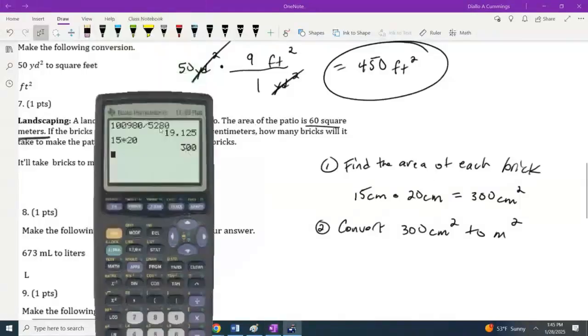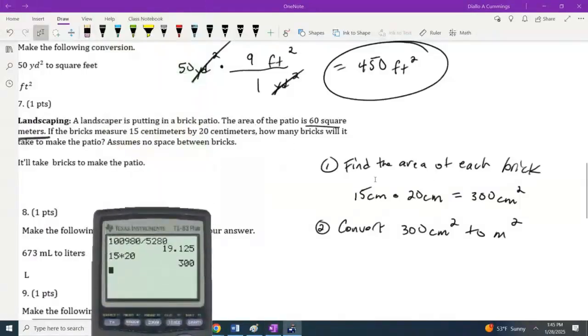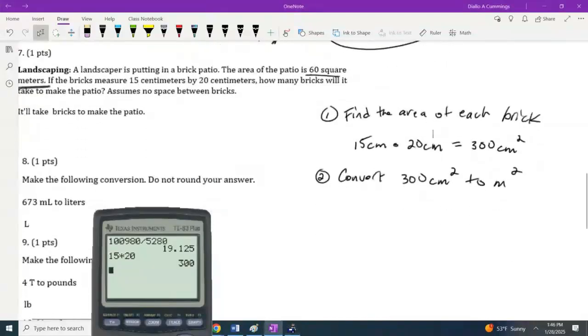Because the area of the patio is in square meters, so we got to put everything in the same unit. So 300 square centimeters, we're going to convert that to square meters.